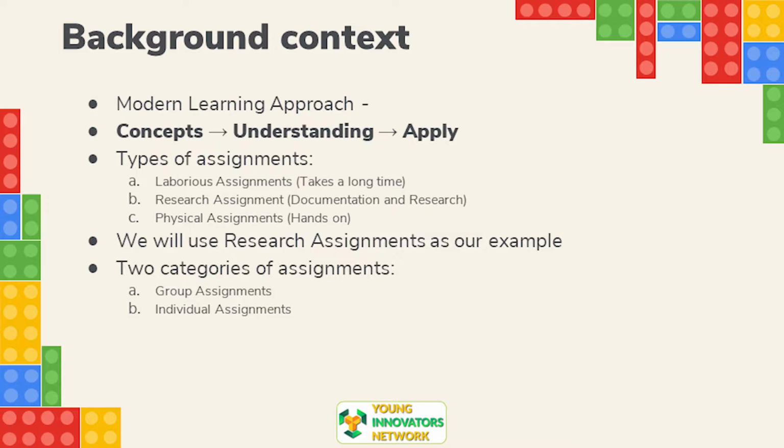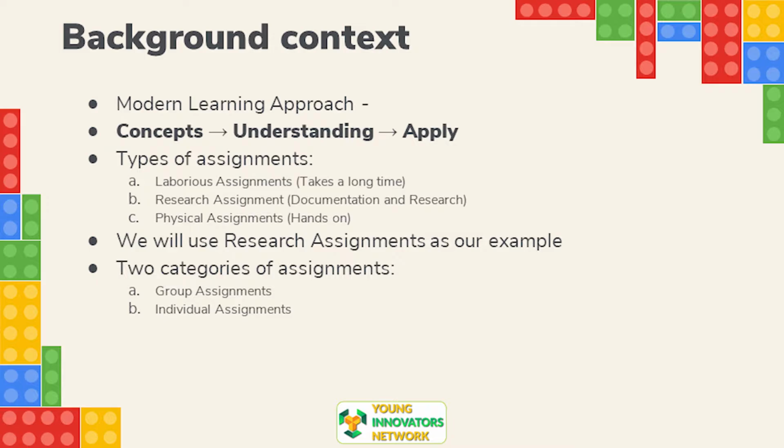What teachers normally use in the modern learning approach is that they give you some new concepts in class, based on your existing learning, which you understand through a series of classroom activities or some homework. And then they want you to apply those concepts independently in your assignments.